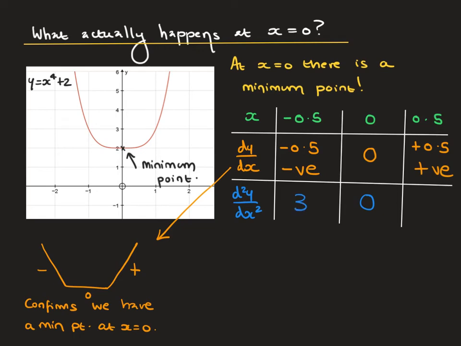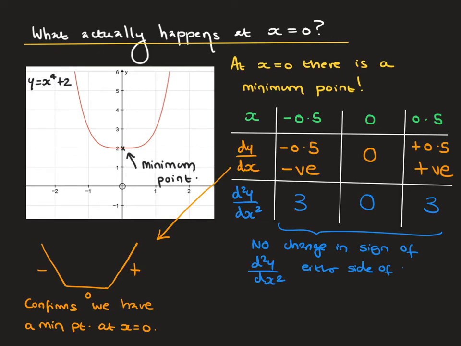At x equals positive 0.5, the second derivative is also 3. So notice there is no change in the sign of d2y by dx squared either side of x equals 0. So this again shows us that we do not have a point of inflection. We have a minimum point.